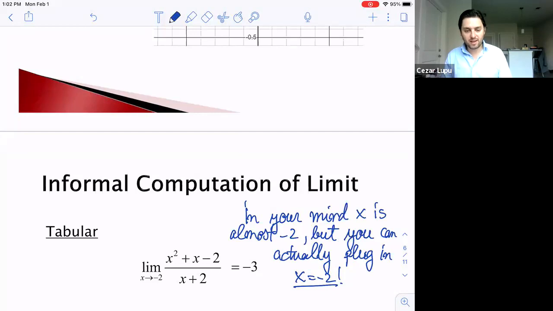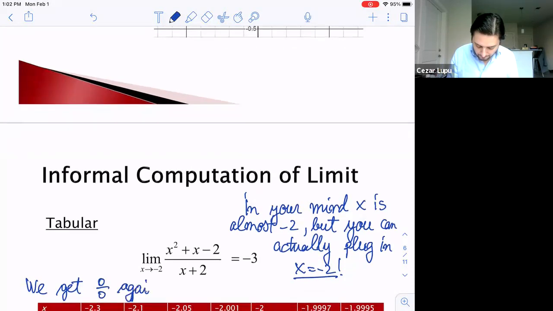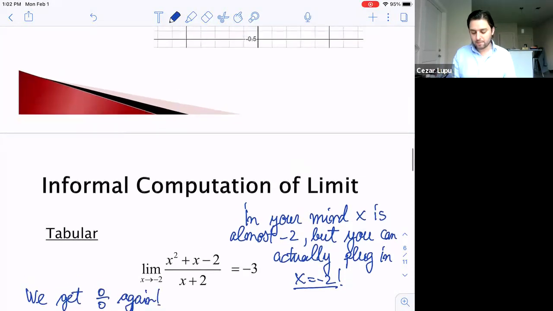Which is undefined again. This is not good. So we get 0 over 0 again. And we don't like that. Ugh.